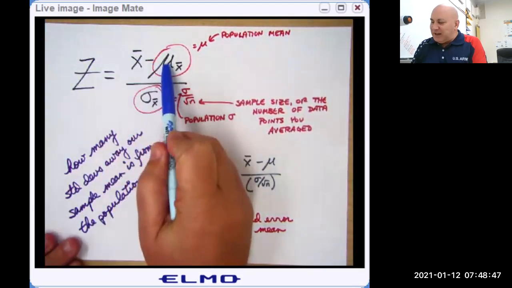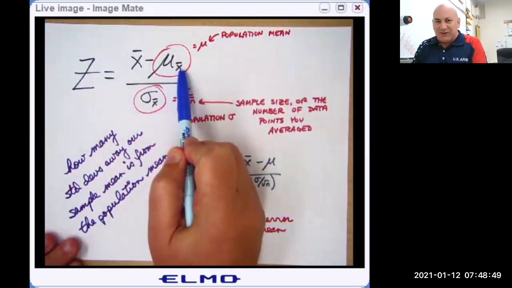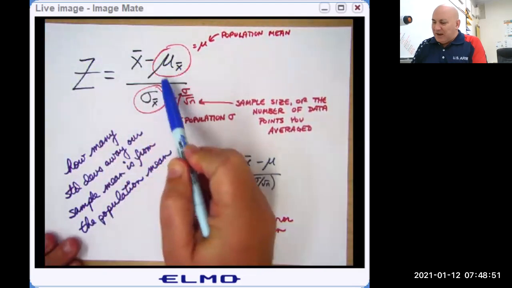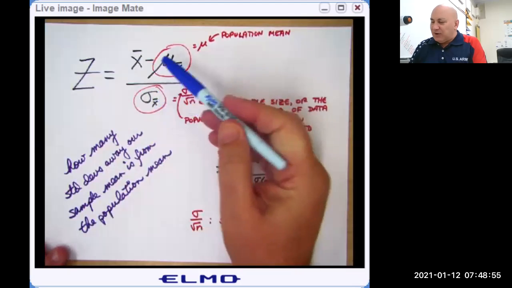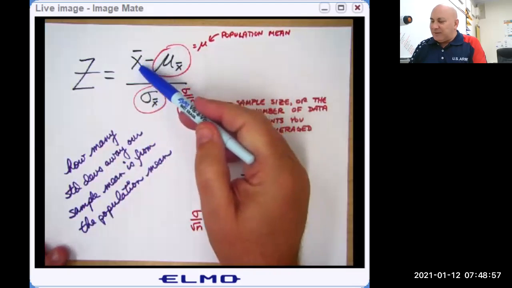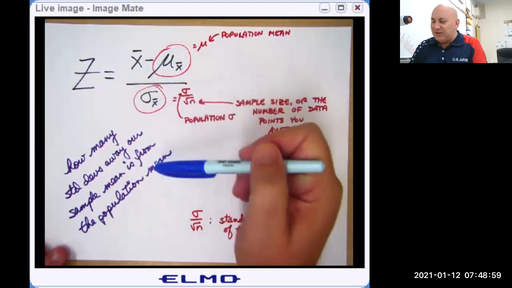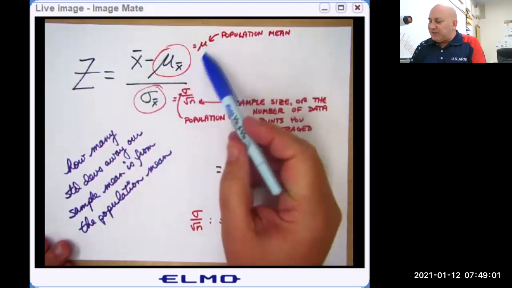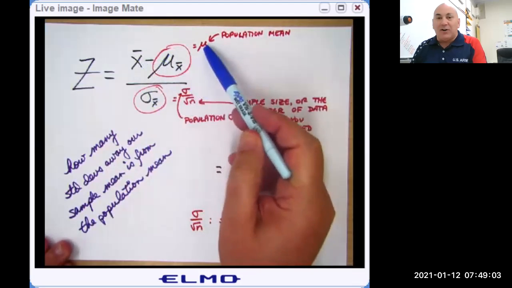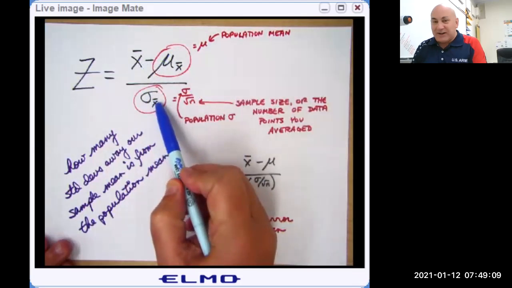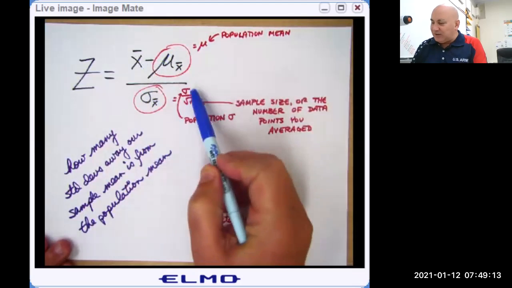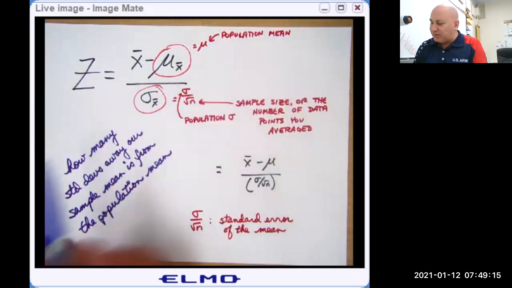And the mean is the mean of the x bars. And the standard dev is the standard dev of the x bars. So it's still a data point minus a mean all over a standard dev. The difference now is that we know from the central limit theorem that the mean of the x bars is mu, and the standard dev of the x bars, how spread out that sampling distribution is, is the population sigma over the square root of n.